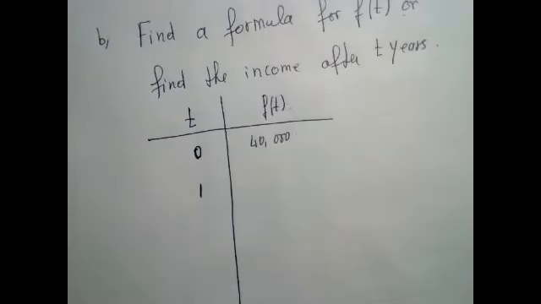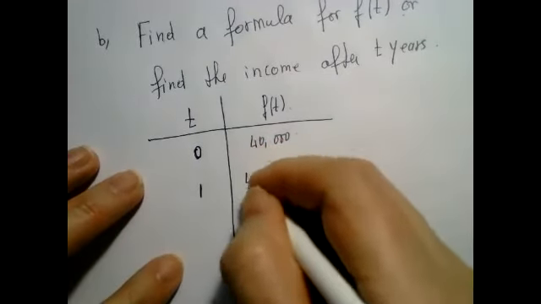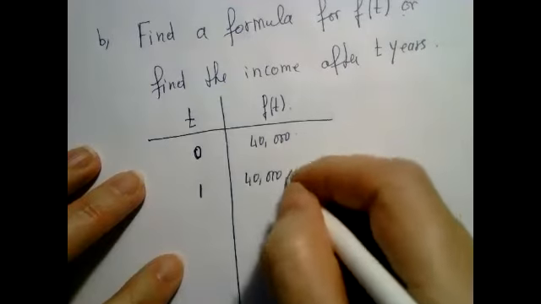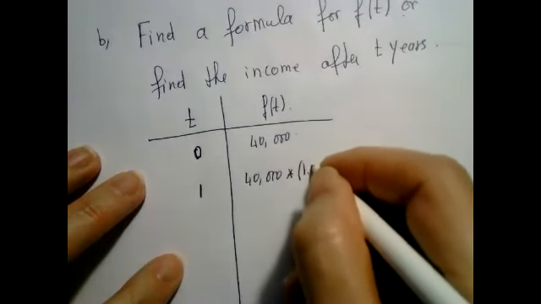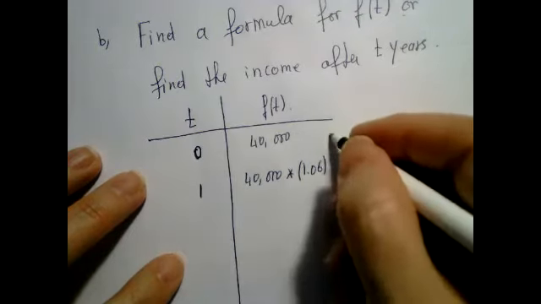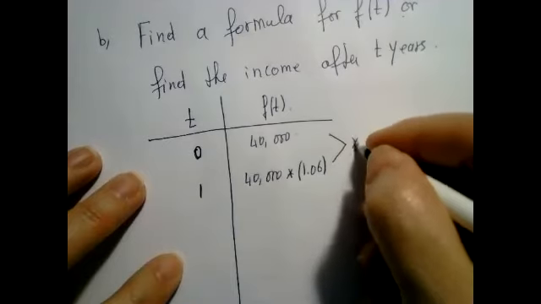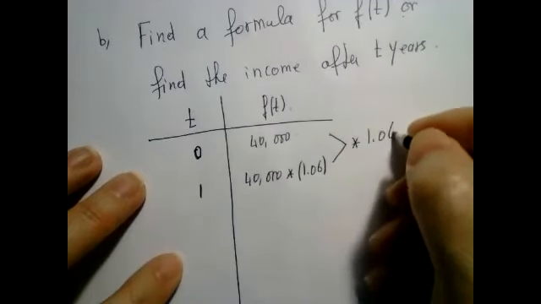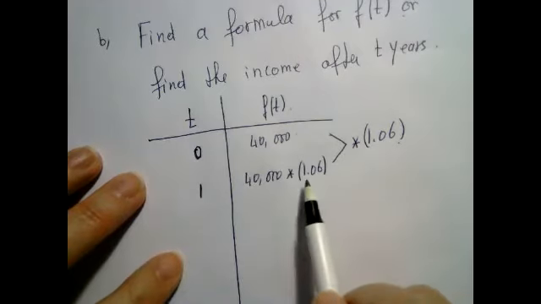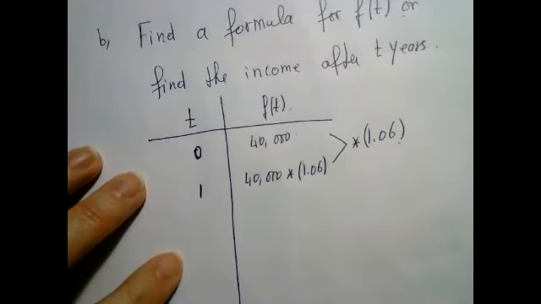I'm not going to put numbers because we know how to plug in numbers into the calculator. It was the 40,000 times 1.06. That was his income after 1 year. From here to here, I multiplied by 1.06, the 100% plus the 6%.